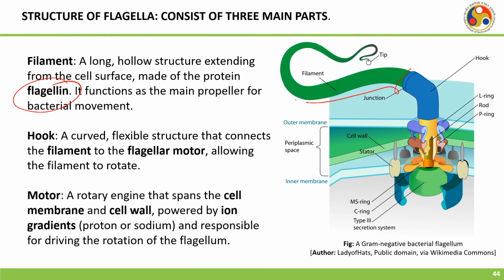The hook is a curved, flexible structure that connects the filament to the flagellar motor, allowing the filament to rotate. The motor is a rotary engine that spans the cell membrane, powered by ion gradients, proton or sodium, and responsible for driving the rotation of the flagellum.